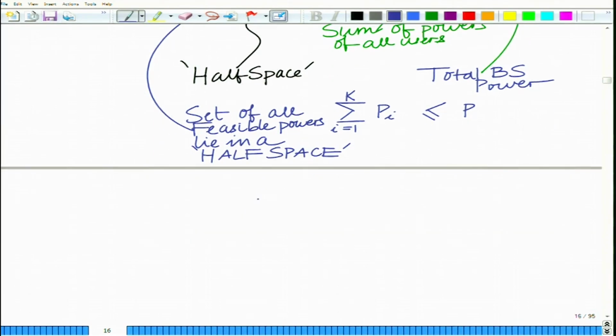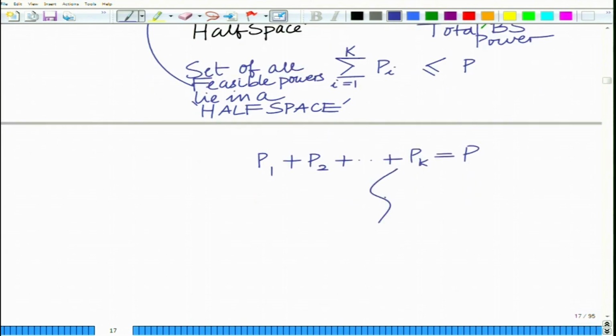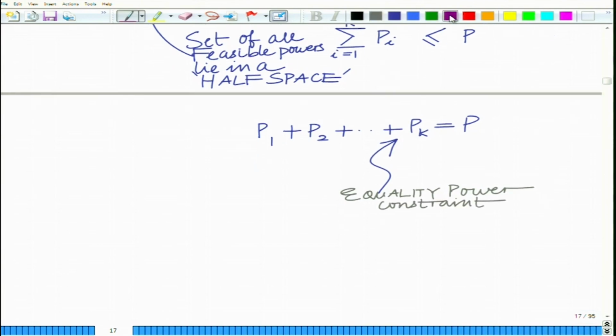Now, you can also have an equality power constraint, that is, you do not want to waste any power and you want to set the total power of all the users equal to P, that is P1 plus P2 plus up to Pk equal to P. This is an equality power constraint, where you are replacing the less than or equal to by equal to, and note that this represents a hyperplane.